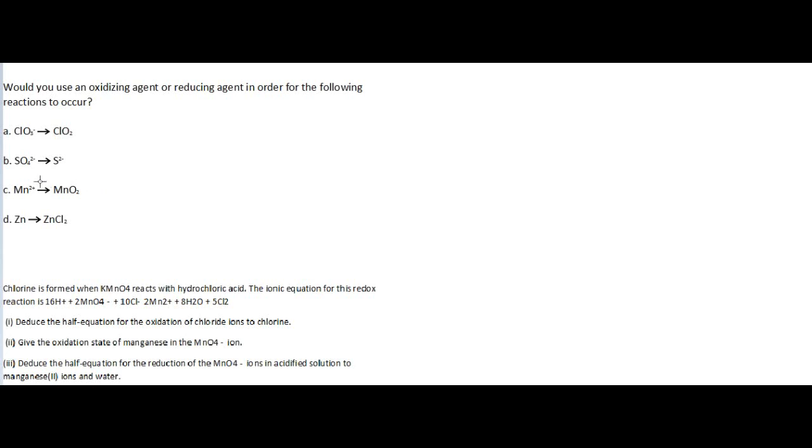So on to the next one. Here we have sulfur 2 minus, and then we have sulfur 2 minus here. Again, we can use the same method to find out if there was a reduction or an oxidation. On this side, 4 times negative 2 plus x is equal to negative 2.